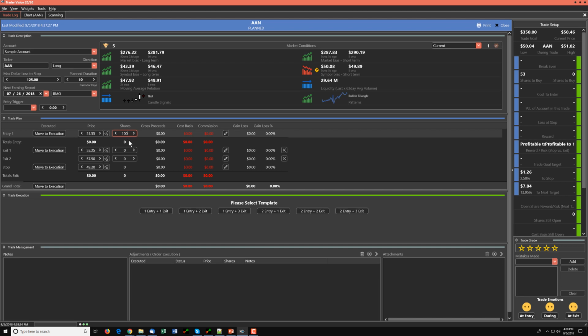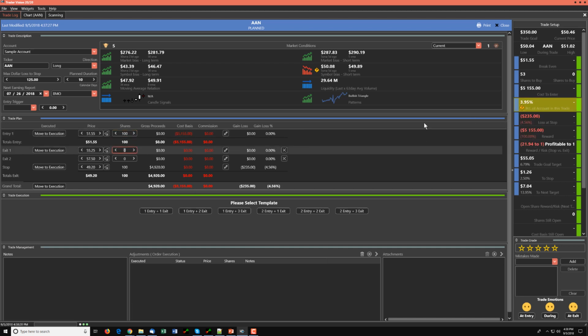Just because I'm stubborn, let's do 100. It's going to be too big for this account, almost 4%, but let's say we can live with that. $235 of risk to being stopped out, which is pretty steep, but for this account, with a trade goal of 350, nonetheless, let's say we can accept that for the moment.